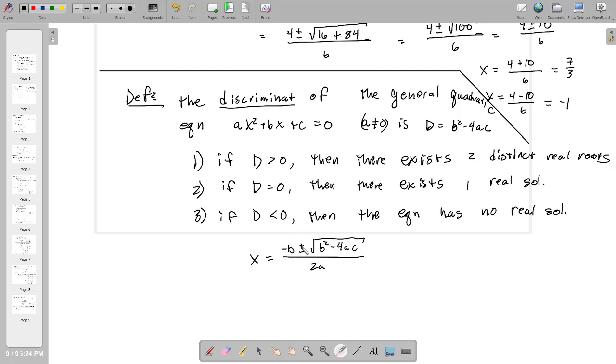Because negative b plus 0 is the same as negative b minus 0. So if D is equal to 0, the square root becomes the square root of 0, which is 0. So our only solution would be negative b over 2a, because we would be adding and subtracting 0 in the quadratic formula. And then if D is less than 0, we end up with a negative number under a radical, which of course doesn't exist up to this current point within the book. Try one.